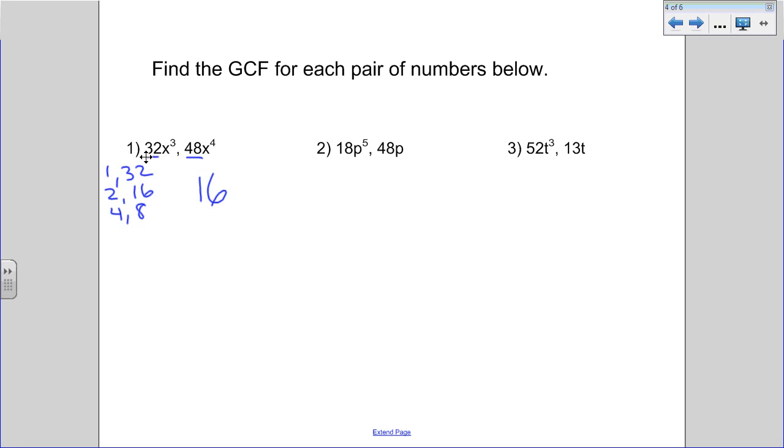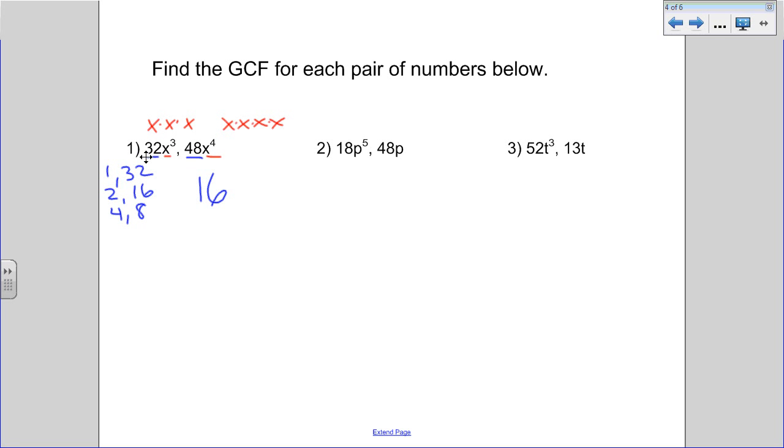Now I'm going to look at my variables. How many x's does x to the third have? 3. So I can list the factors of x to the third as x times x times x. How would I list the factors of x to the fourth? X times x times x times x. So what do those two groups have in common?